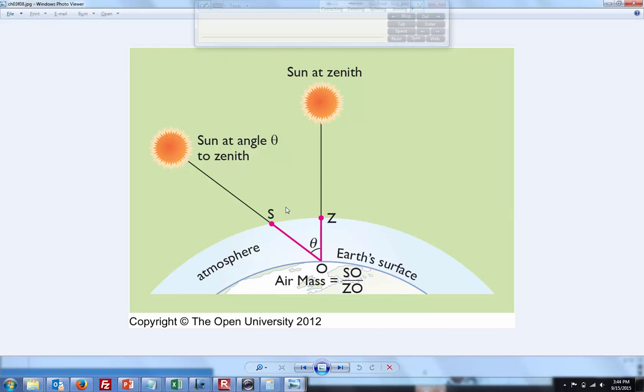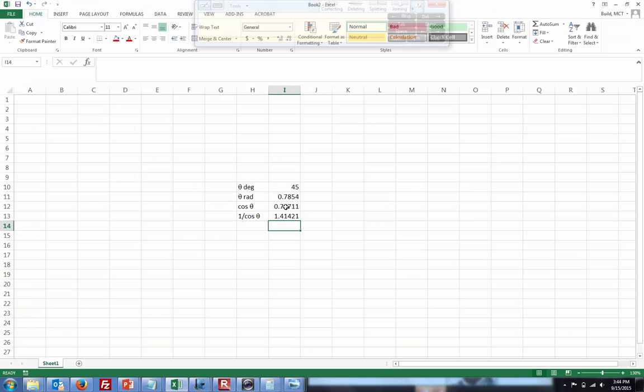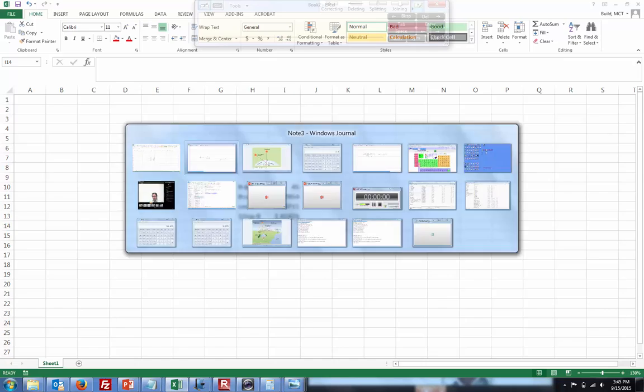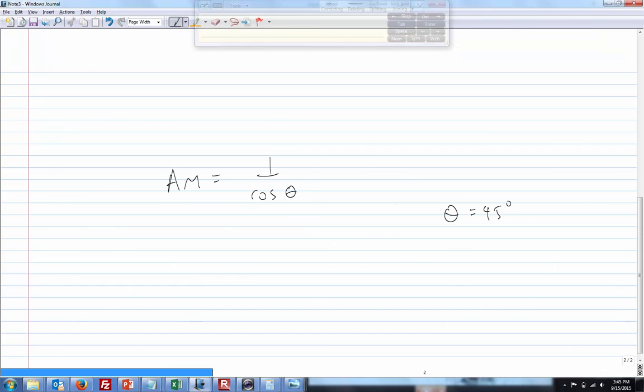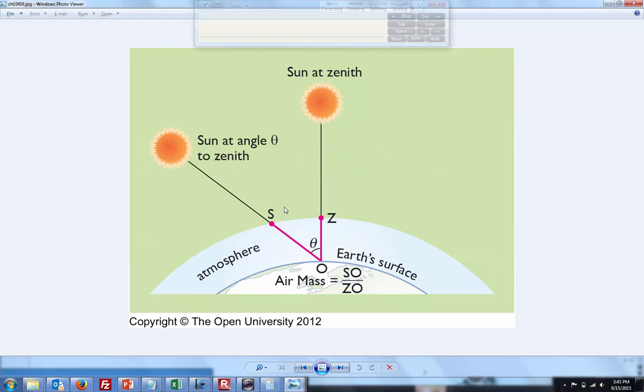Right, because we're trying to make this number bigger, so that would have to be smaller, and as cosine gets closer to 90 degrees, it also gets smaller. So I'm just kind of thinking out loud here a little bit about where the sun spends the majority of its time.